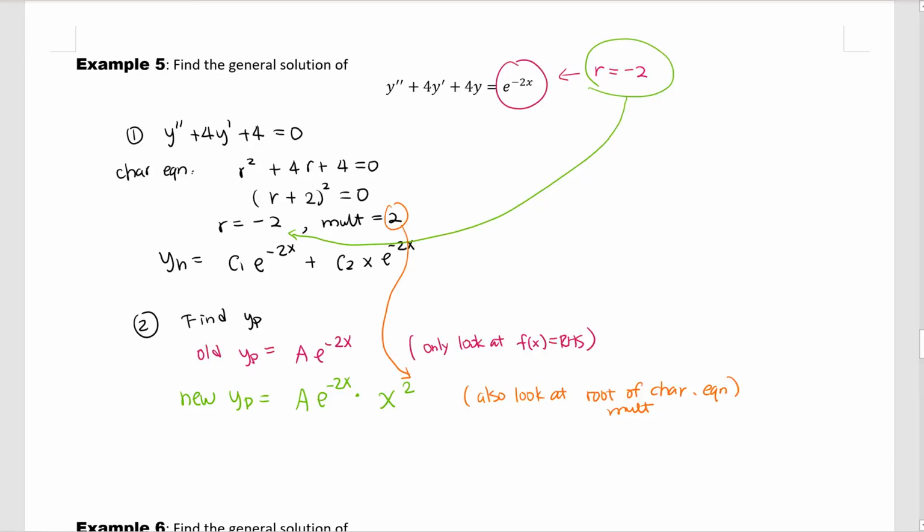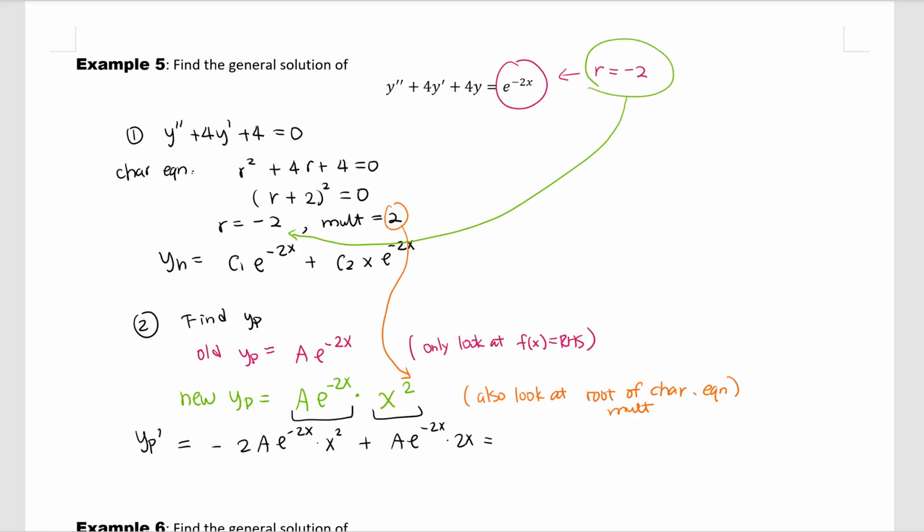Then we can continue. So yp prime is, well, you can think of this as a product. We can use the product rule. By the way, you can put ax squared times e to the minus 2x, it is the same. Okay, so the first guy prime is minus 2a e to the negative 2x times x squared, and then the derivative of the second guy, so a e to the negative 2x times 2x.